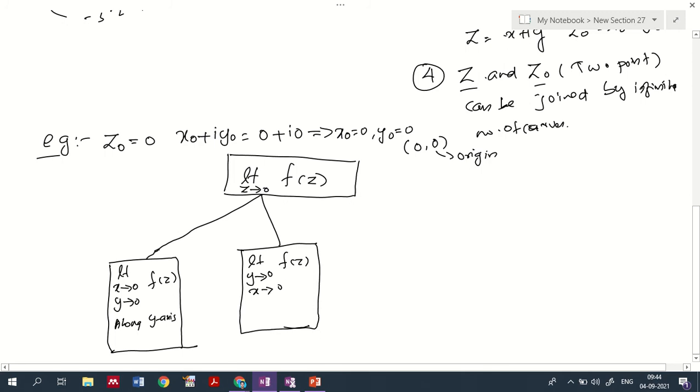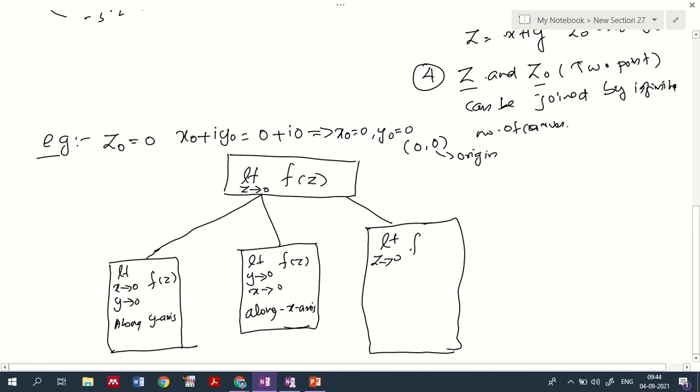So in both cases, what you will be observing is that along the x-axis you can trace out the path. And the third case is more important to us, that is when you represent this function like this, limit z tends to 0, f of z. So it will be along any curve.